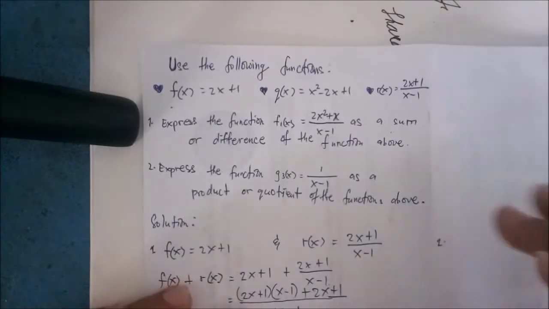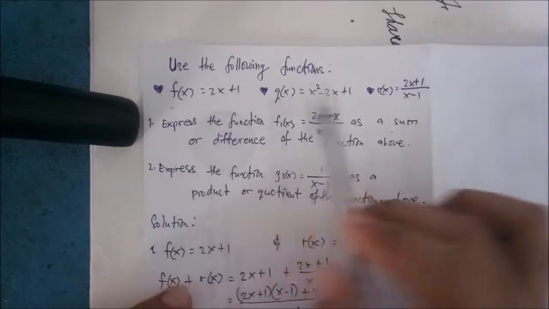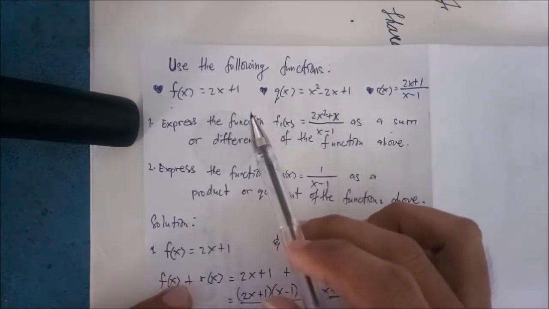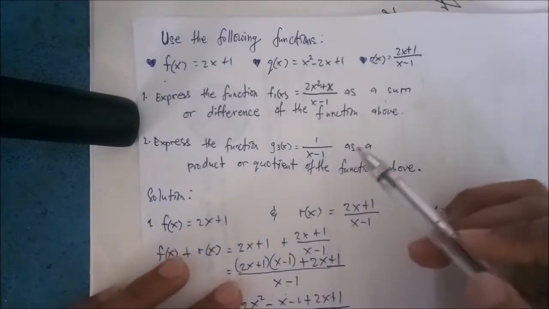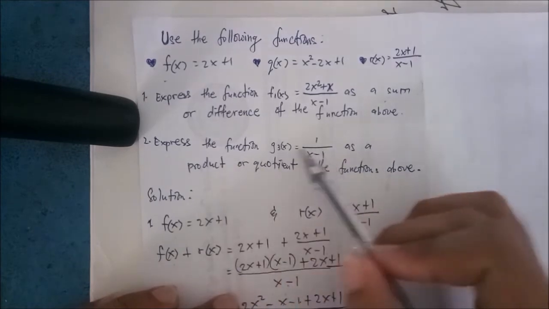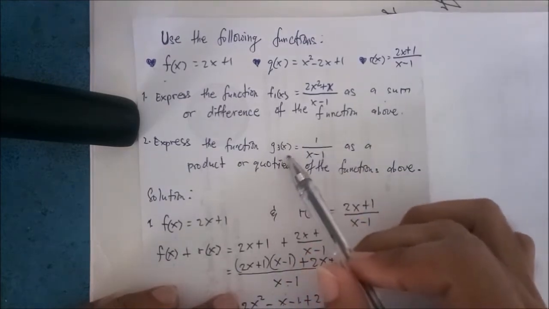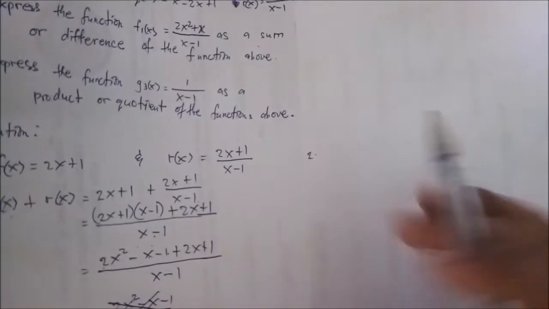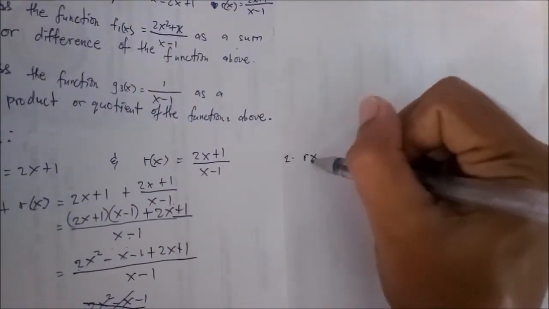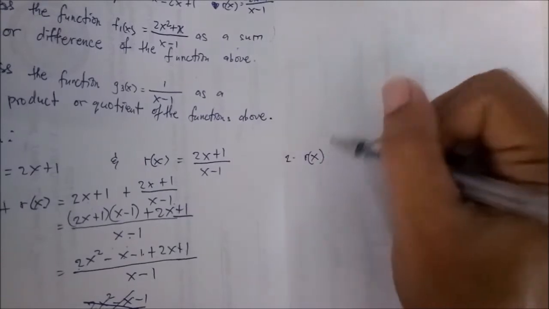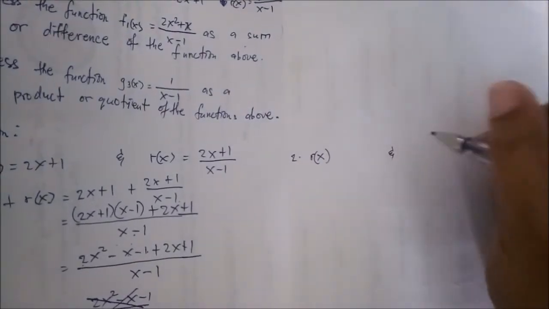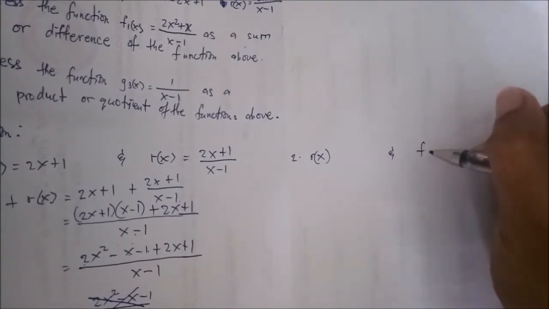So you need to choose two functions above, which you will use to divide or multiply to get g sub 3 of x. So now we'll choose r of x and f of x.